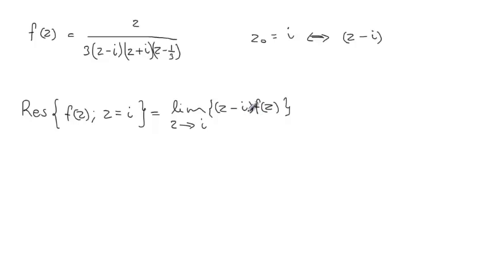Then we calculate the limit of z over 3 times (z + i) times (z − 1/3), which you write here as the limit as z approaches i of z over 3 multiplied by (z + i) multiplied by (z − 1/3).